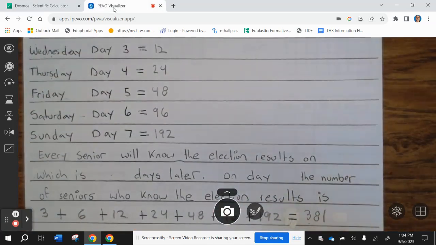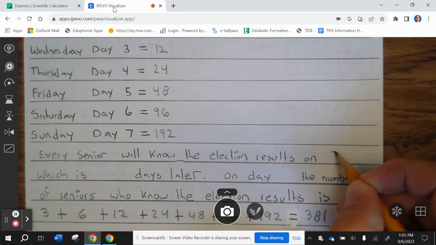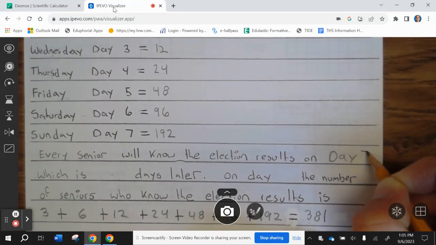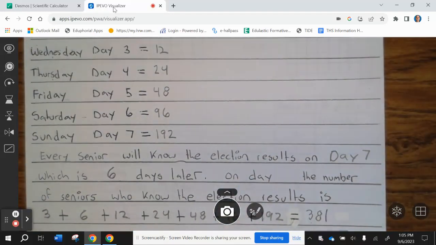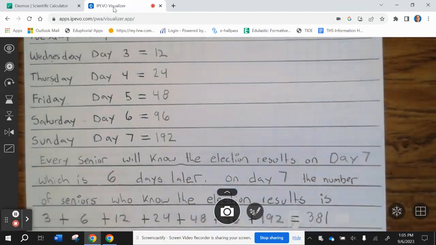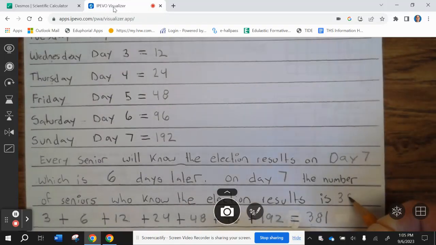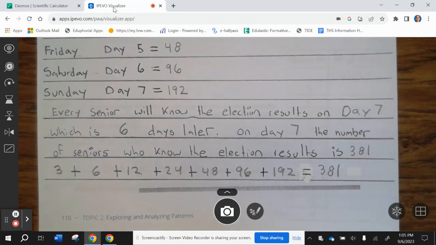So every senior will know the election results on day 7, which is 6 days later. On day 7, the number of seniors who know the election results is 381. All right, go ahead and finish that up.